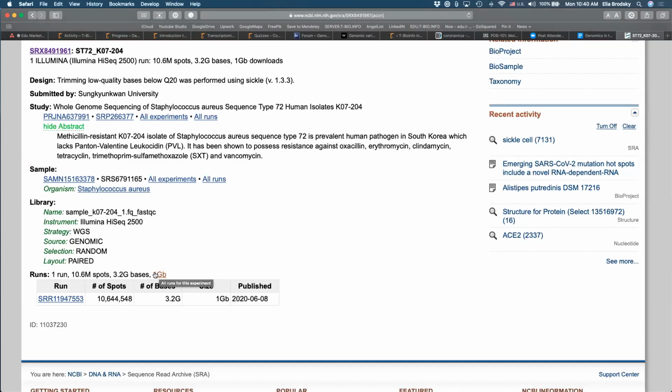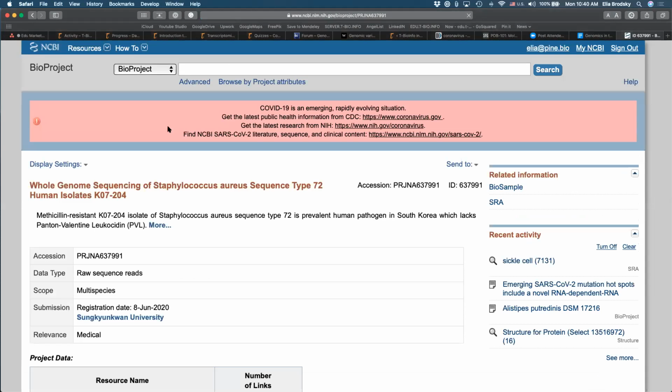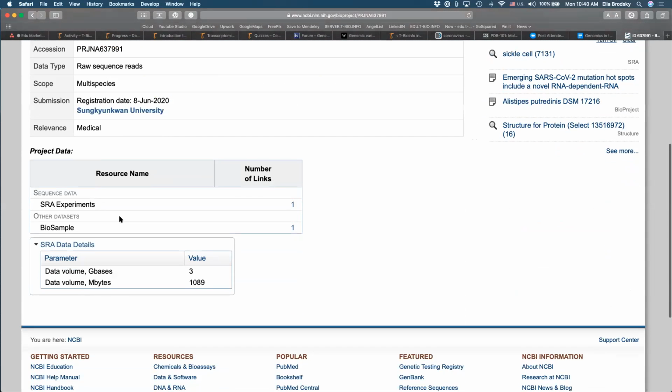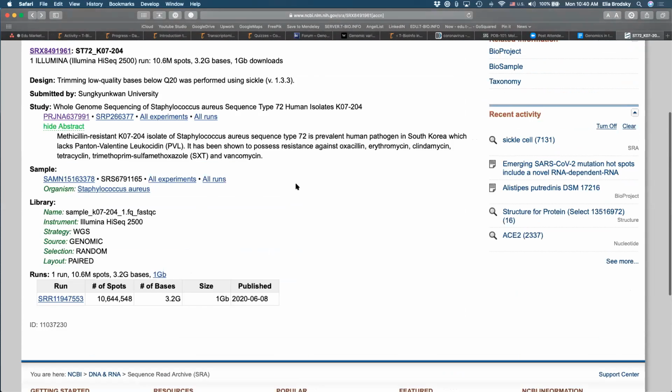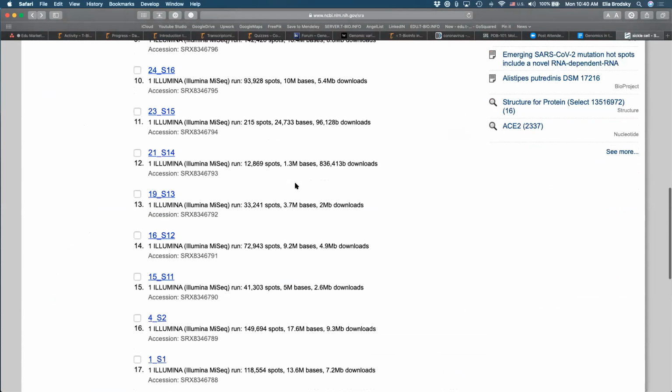If you want this individual sequence, just one sequence, you can click here. If you want to see all of the sequences, you will go to the project. So this is the bioproject. The whole bioproject actually only has one biosample, but they have other types of sequences that probably have more.